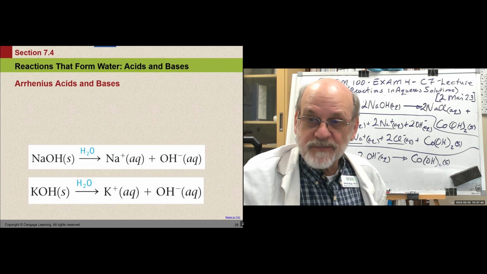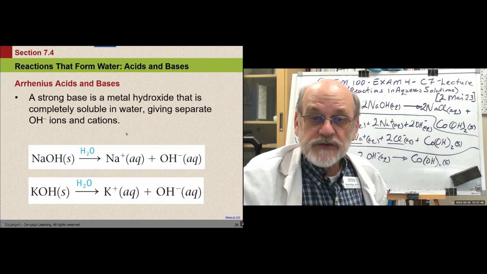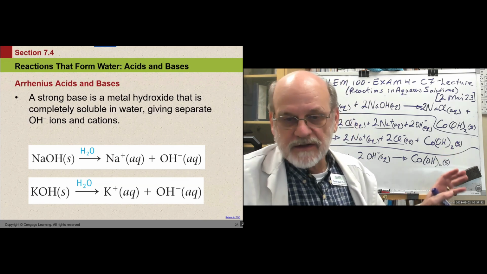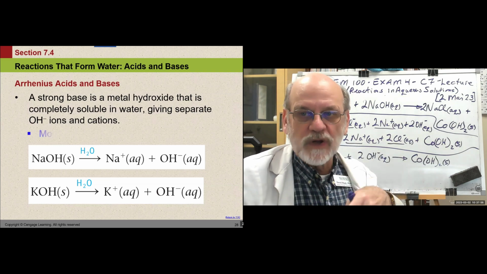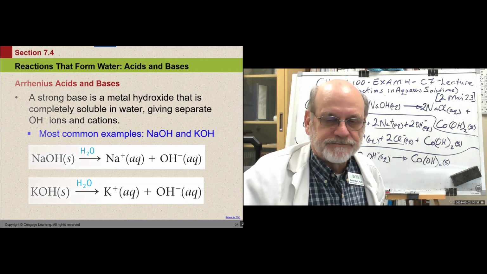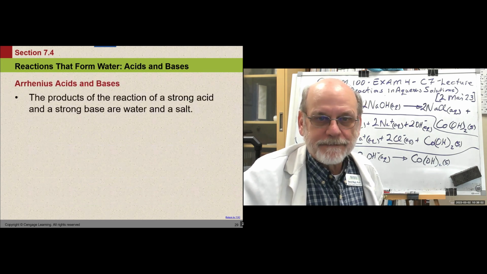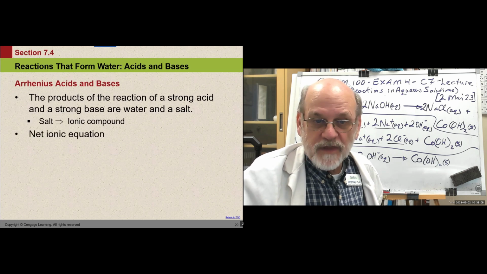So now you've got the acids and the bases in solution. And these are also strong electrolytes because they completely dissociate. They form lots of ions to transmit the charge from one electrode to another.